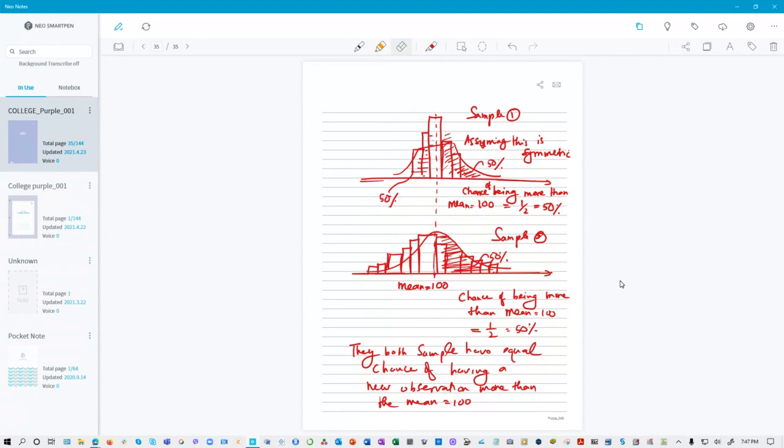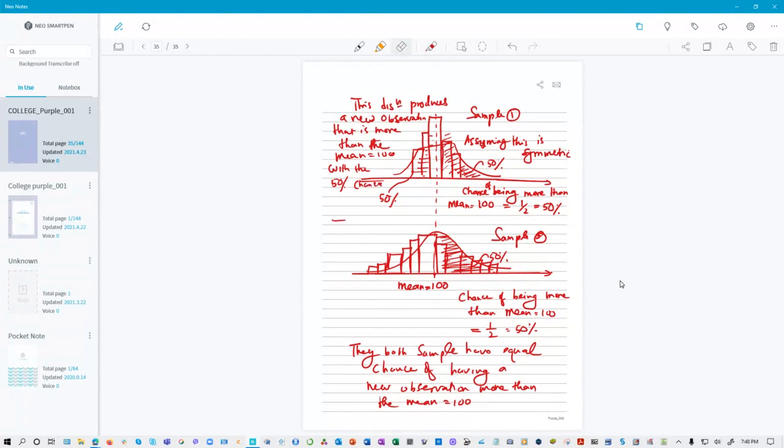Okay, write this down. This distribution produces a new observation that is more than the mean, which is 100, with a 50% chance.